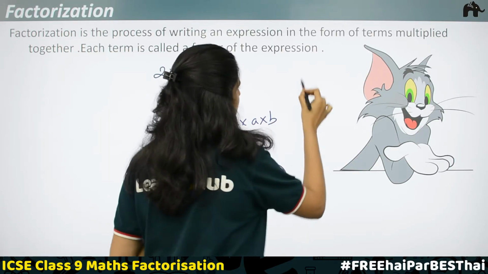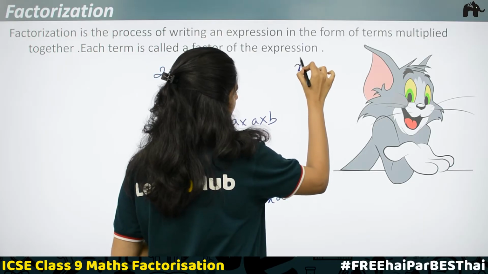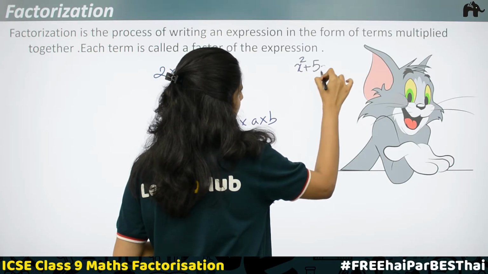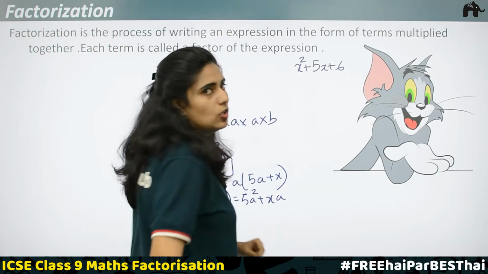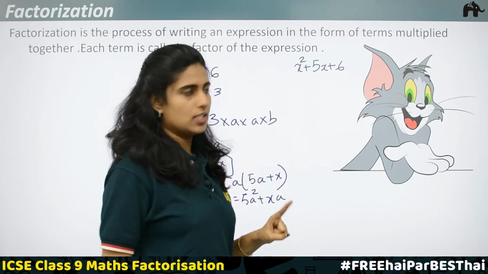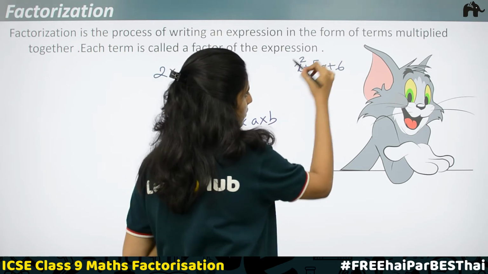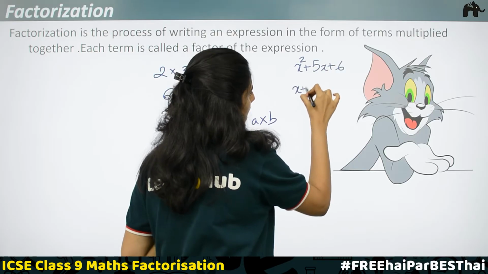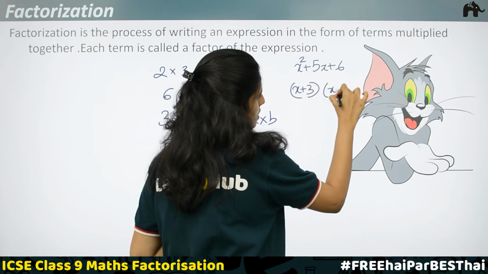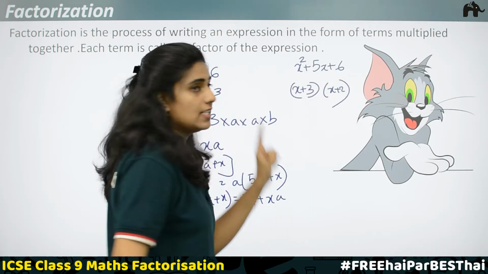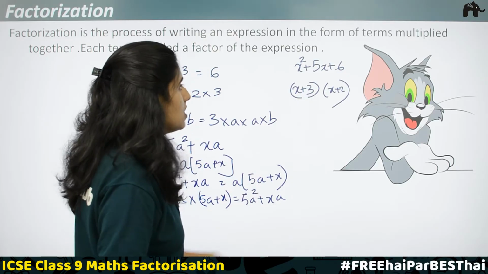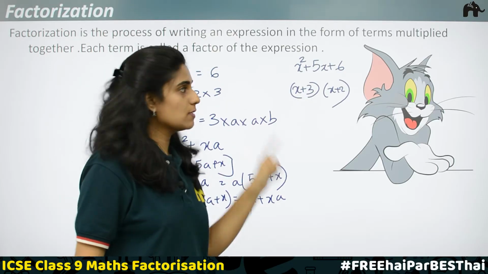Now, if you have x square plus 5x plus 6, this is an algebraic expression. When you find the factors, you will be getting x plus 3 and x plus 2. So we can say that x plus 3 and x plus 2 are the factors of x square plus 5x plus 6.